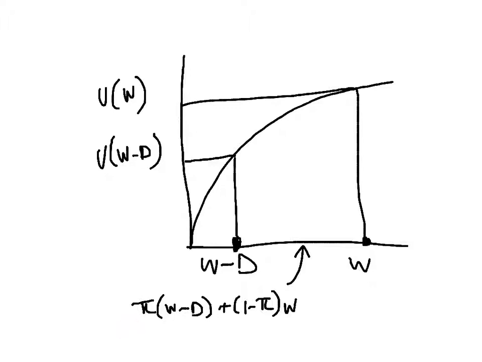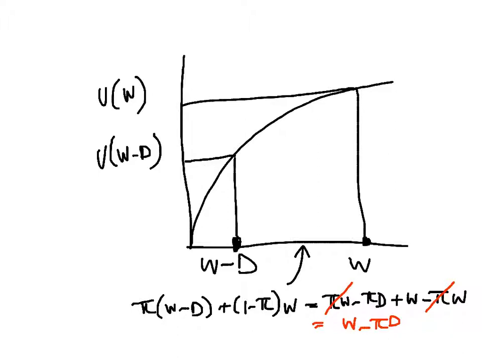And this simplifies to this. And now I can notice that this expression here reduces quite easily to w minus pi d, which is precisely what I get no matter what if I choose to insure, right?